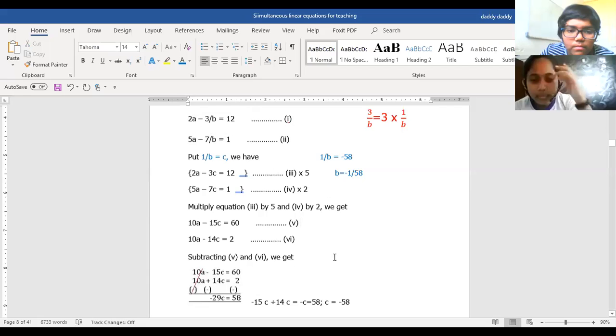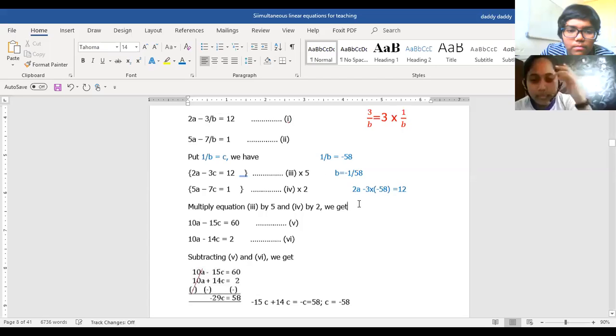Okay, let me just solve. 2a minus 3 into 1 upon b. It is 1 upon b, right? So I'm going to write the value of 1 upon b, which is minus 58. So I'll put a bracket like this, right? Is equal to 12.